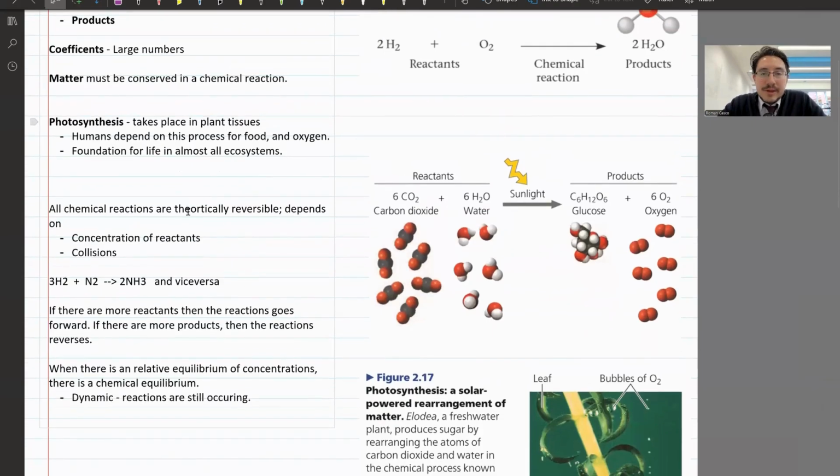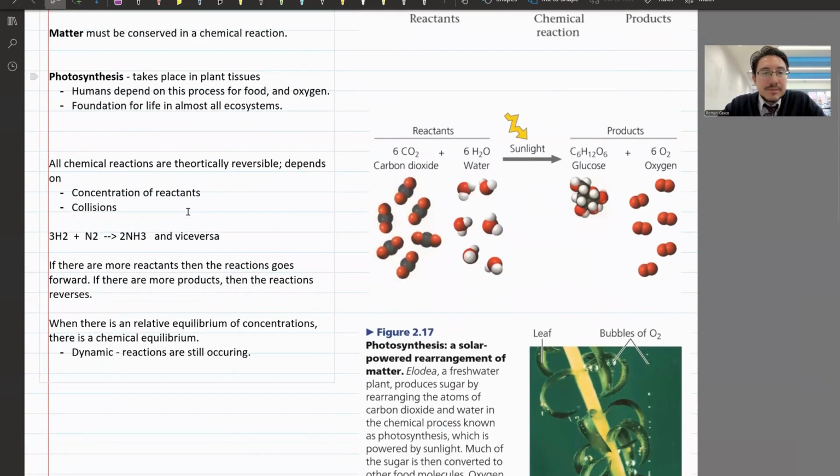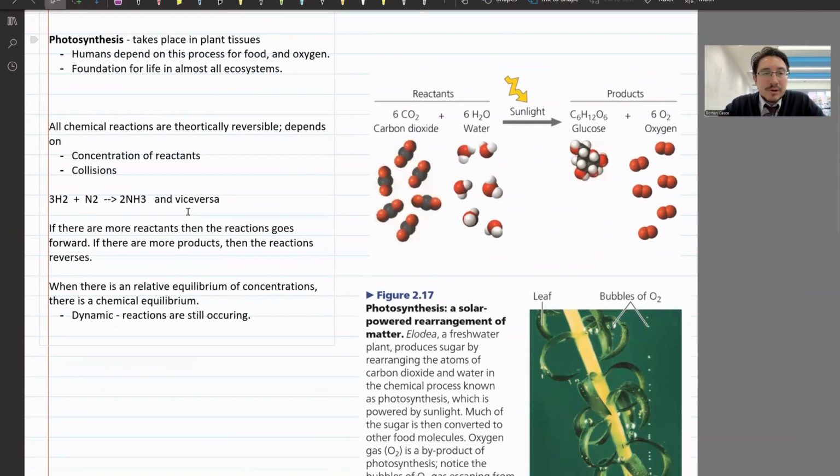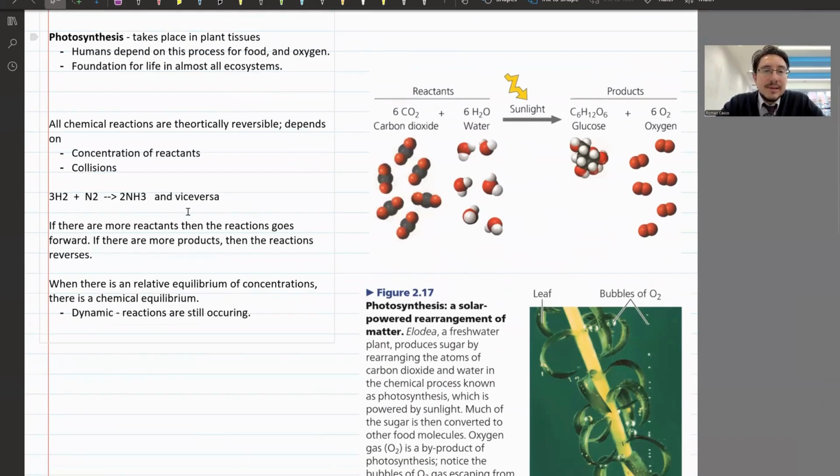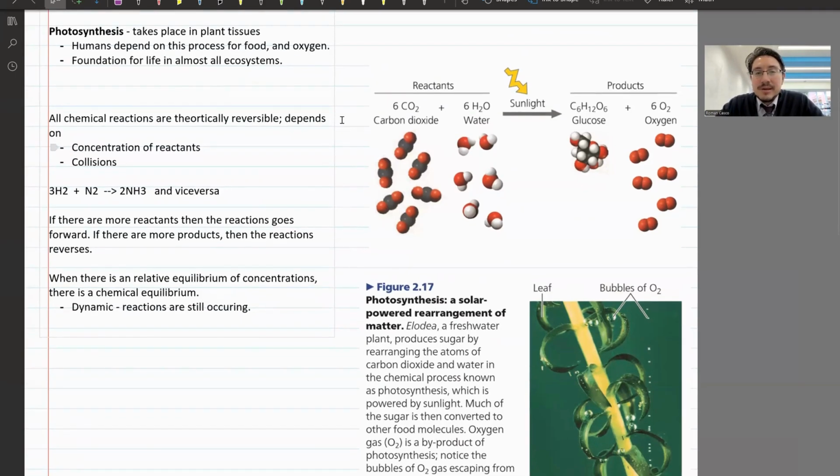A famous example is photosynthesis, right? It takes place in plant tissues. We're all familiar with this process. Humans depend on this process for food and oxygen, not just humans, but life in general. It's the foundation of life and of almost all ecosystems, right? So you have 6 molecules of carbon dioxide and 6 molecules of water.